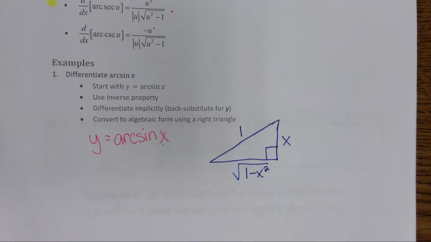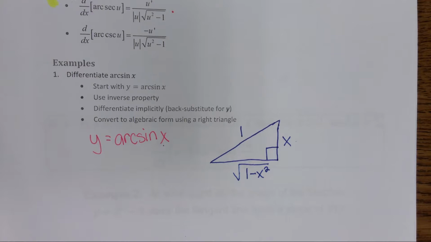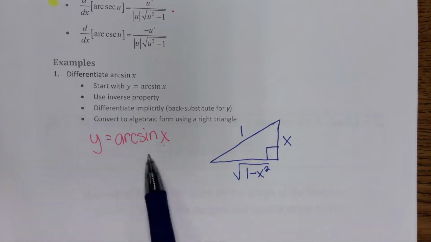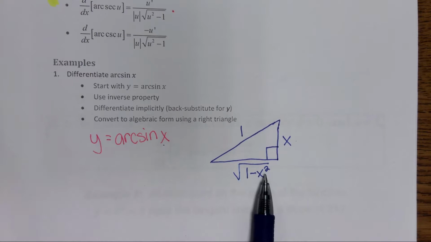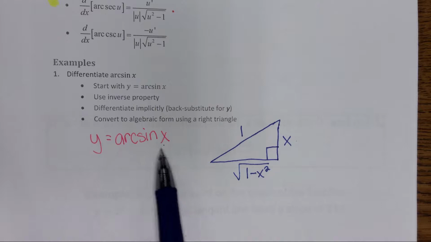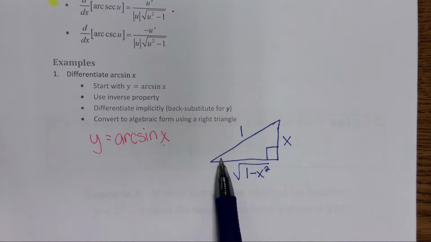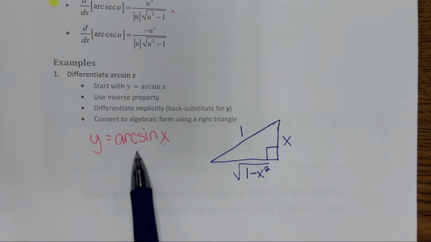Okay. Now what we're going to do is take this expression, realizing that that triangle is what we represent there. And if y equals arcsine, that y is this angle here essentially, instead of theta. All right, so how would I use the inverse property to get that x out of the arcsine?